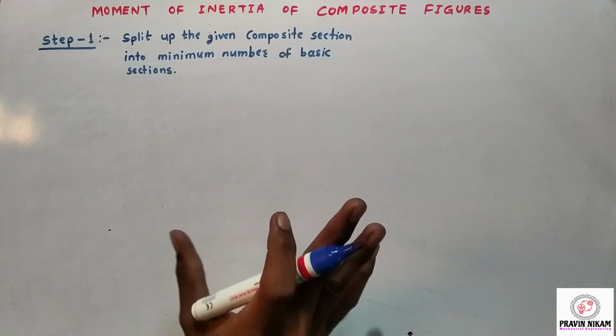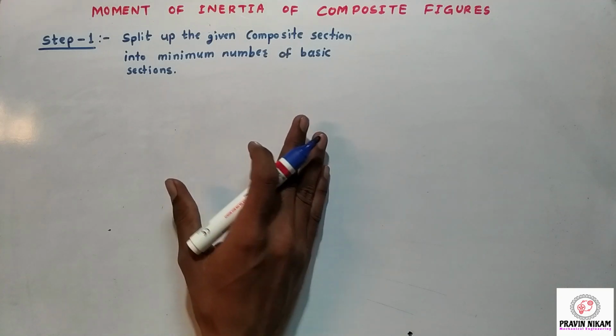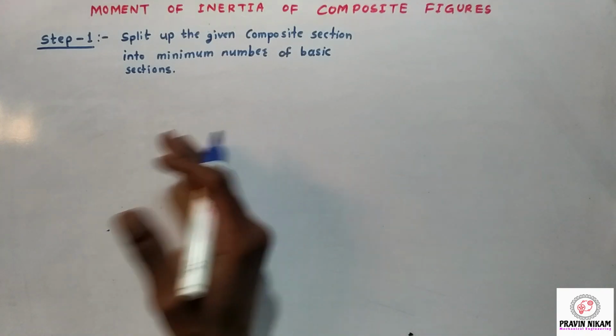So first of all, split up the given composite section into a minimum number of basic sections.